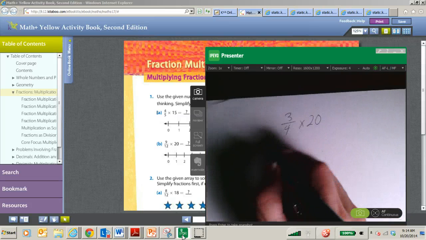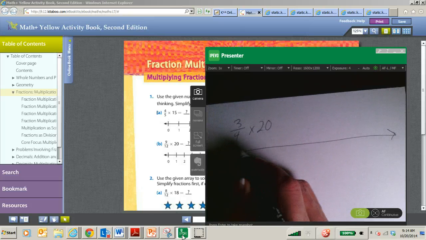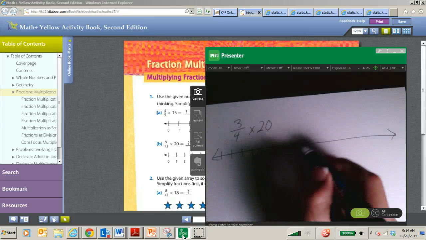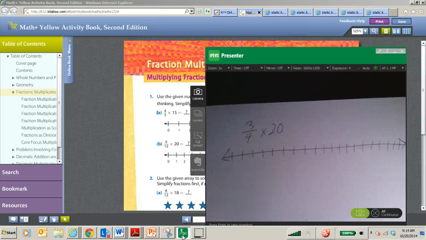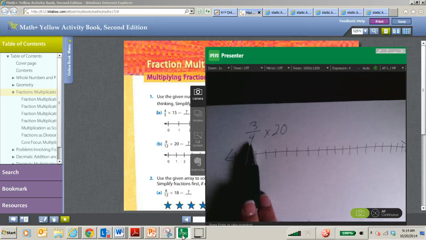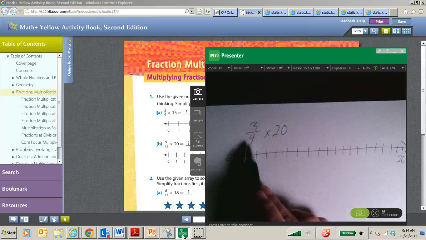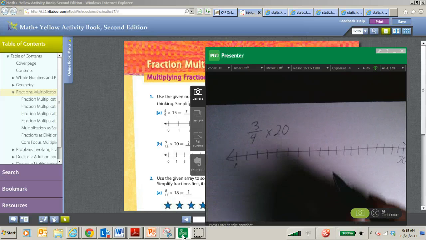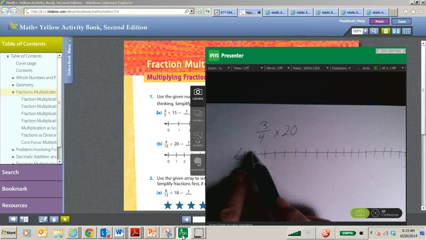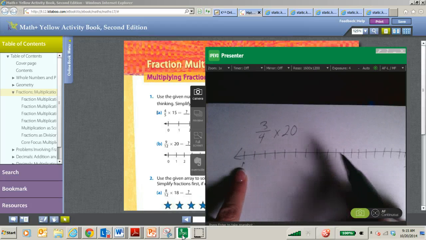Making a number line, again, we can see we have 1, 2, 3, 4, 5, 6, 7, 8, 9, 10, 11, 12, 13, 14, 15, 16, 17, 18, 19, 20. Remember, this denominator tells us how many groups, how many equal groups. If I divide 20 by 4, I know there's 5 in each of the equal groups. And I also know that there's 10 in the middle. So we have 1, 2, 3, 4, 5, 6, 7, 8, 9, 10.